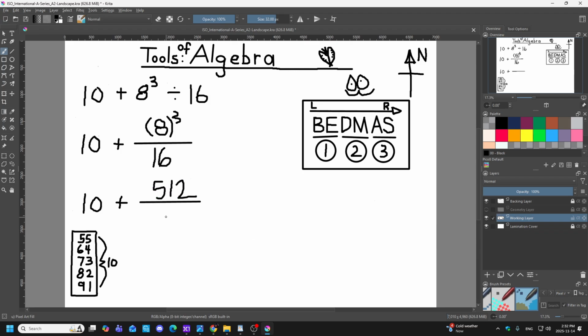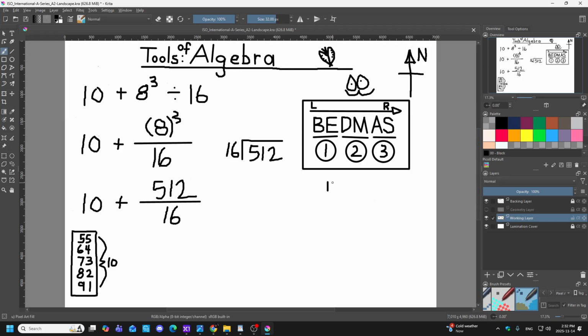Okay, and that's going to be divided by 16. This is the point where I want to factor. I want to figure out how many times does 16 go into 512, right? We need to find that multiple. Division.